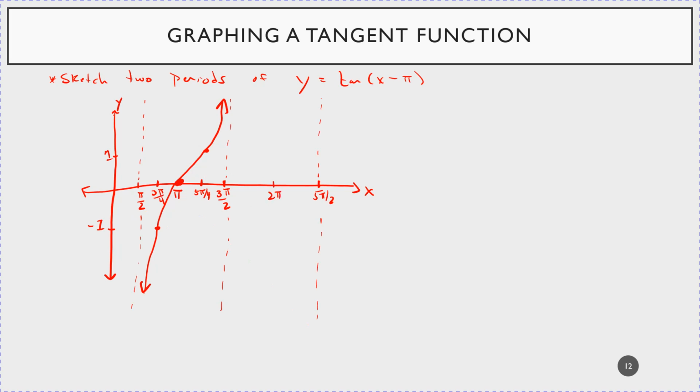And then 3 pi over 4 plus a pi gets me 7 pi over 4. I'm adding pi because that's the period. 5 pi over 4 plus pi gets me 9 pi over 4. And it's the same thing: negative 1, 0, 1, and then just butt up against the asymptotes. Like that.